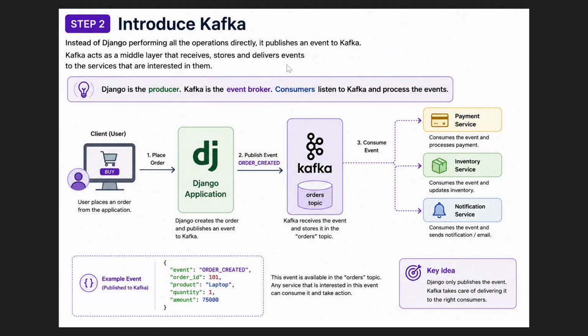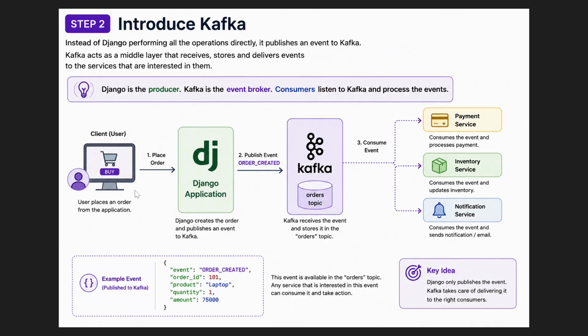So here I will explain the architecture, what we are developing. Our basic architecture is very simple. We have our client on one side, our Django application in the middle, and Kafka after our Django application. And finally we have our consumers.